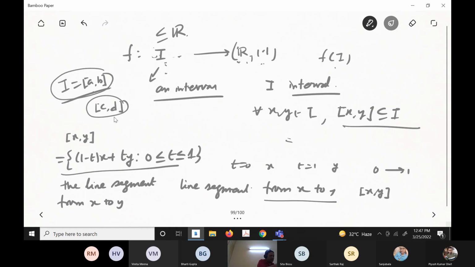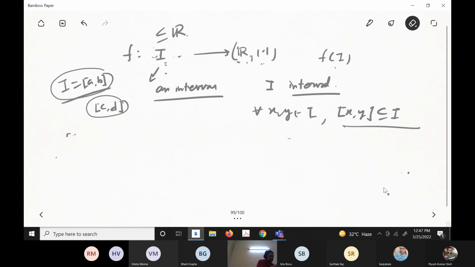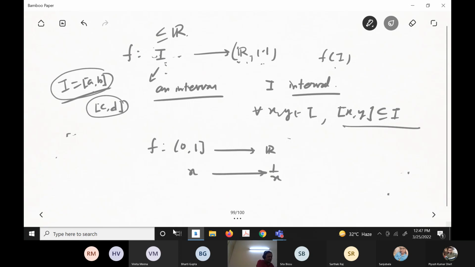Okay. I am giving you the simplest example. Look here. Take this, this is a continuous function.